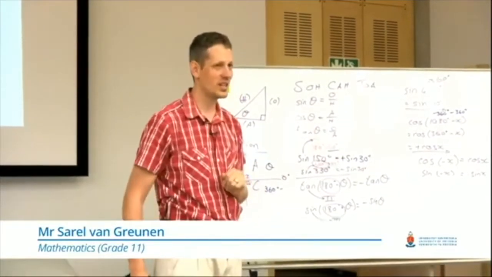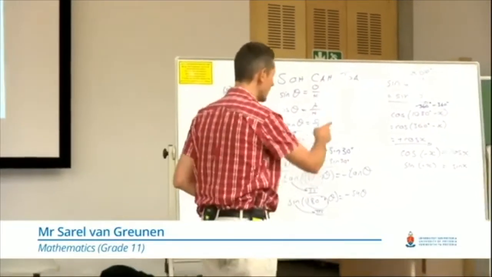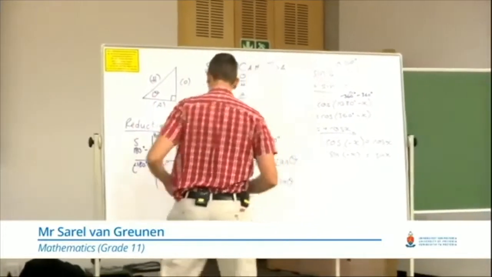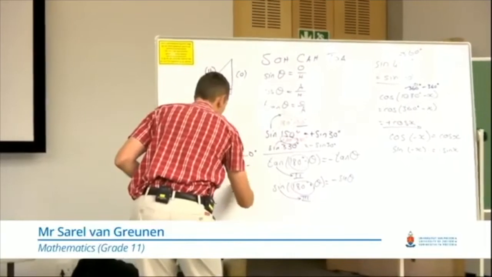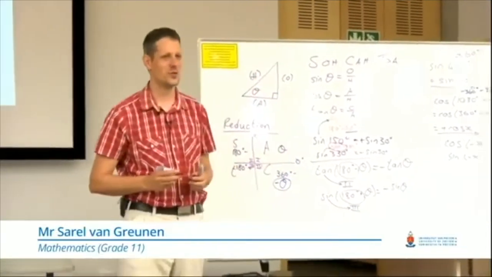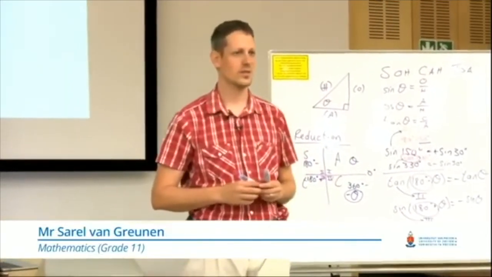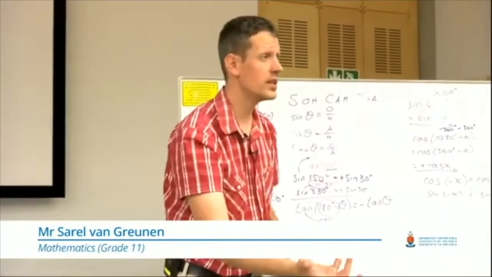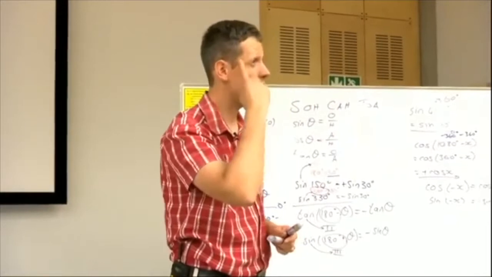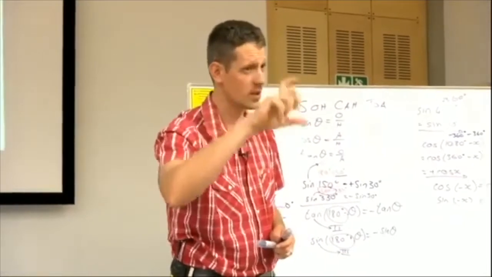So what am I saying to you? You can handle a negative angle as if it's in the fourth quadrant. Because then I can ask you cosec of negative theta. And I go, cosec relates to sine.